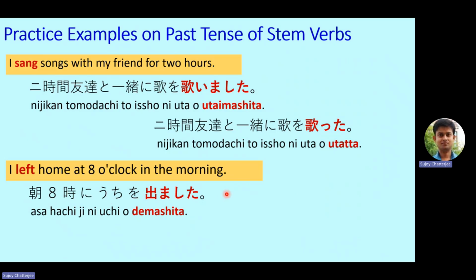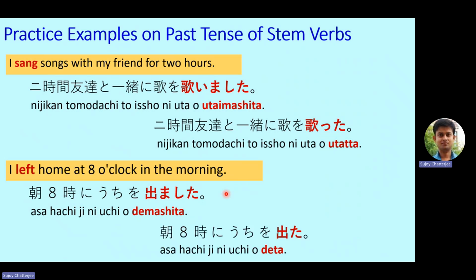Asa means morning. Hachiji ni, at 8 o'clock. Uchi o demashita, I left home. So demashita will become deta. This is group 2, because demasu becomes deta. Asa 8時 ni uchi o deta.